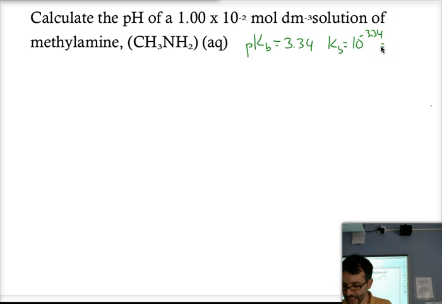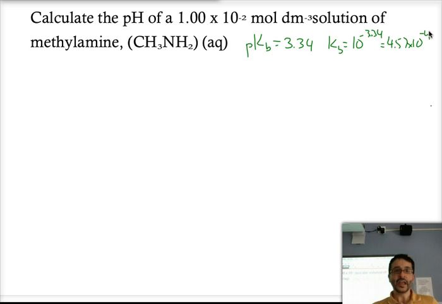And so when we enter that into our calculator, we find that the value of Kb is going to be 4.57 times 10 to the negative 4th. All right? And we're going to write the equation and again do the entire equilibrium analysis.